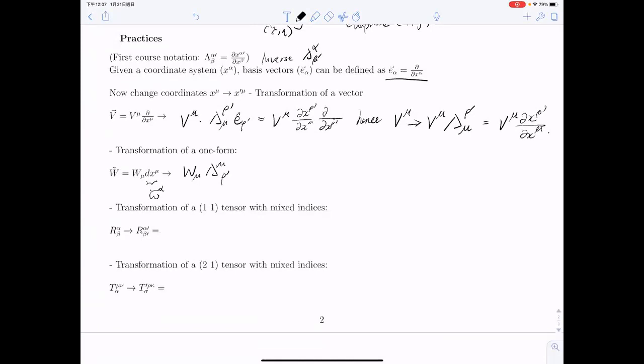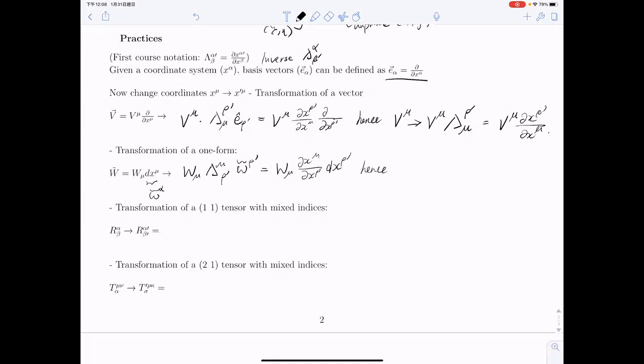This time we use the inverse coordinate transformation matrix times the dual basis, prime, and then it equals rho dx rho prime.